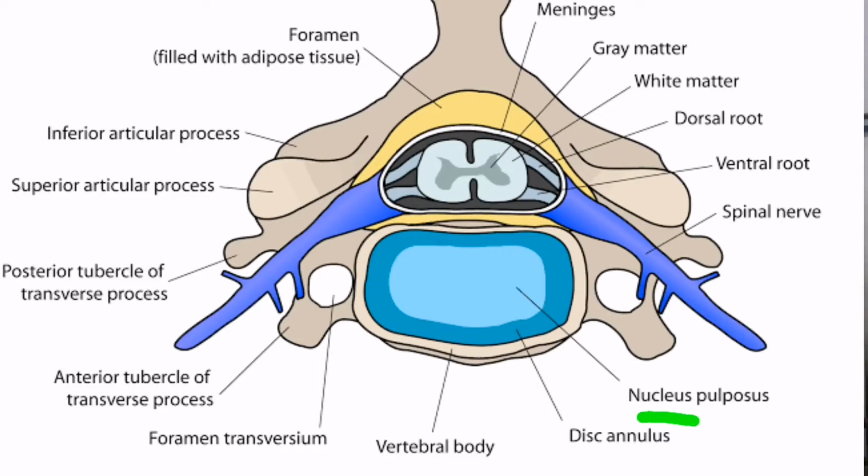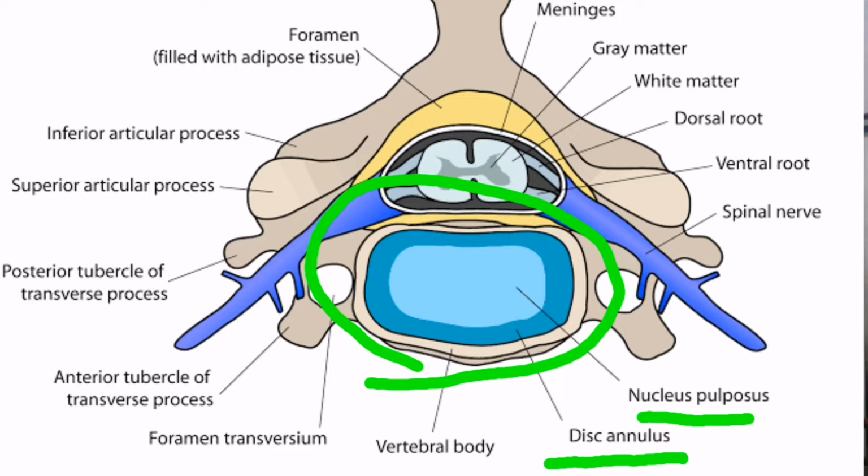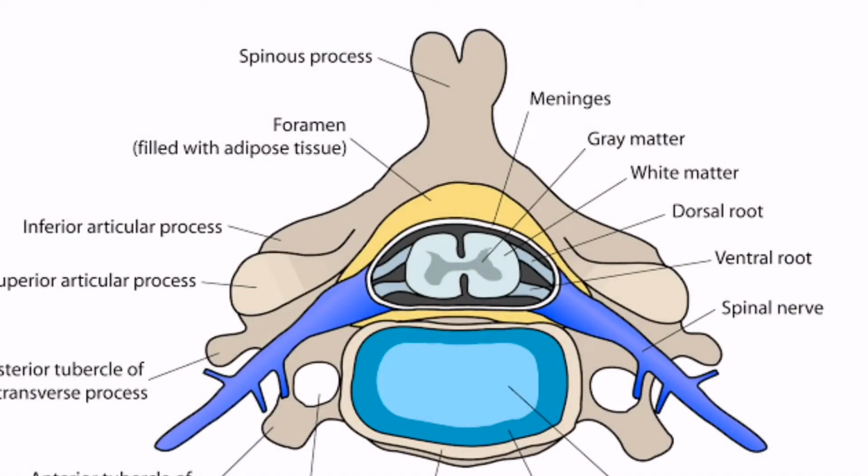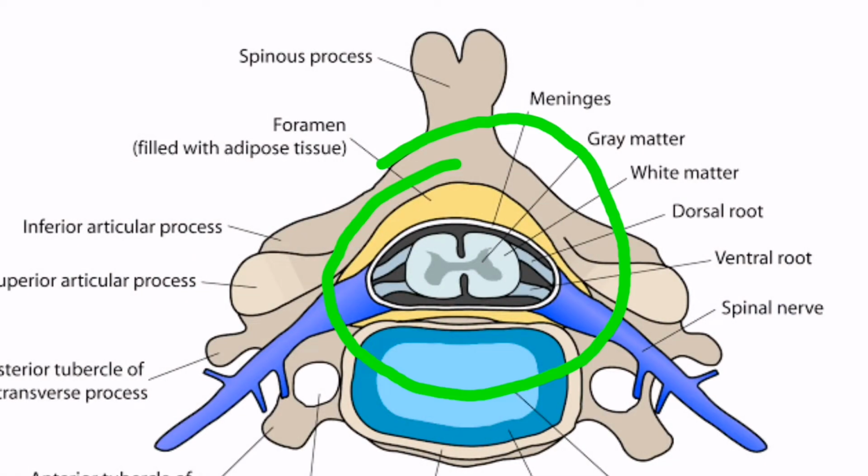In between the bodies, there is a soft structure known as the disc. And in the posterior part, there is the spinous process and a canal through which the spinal cord passes.